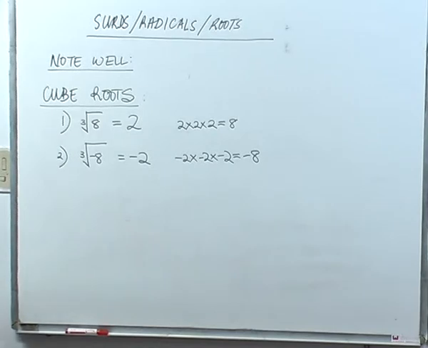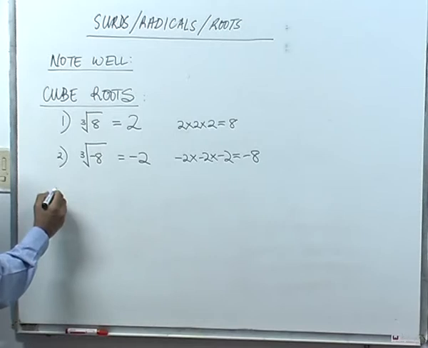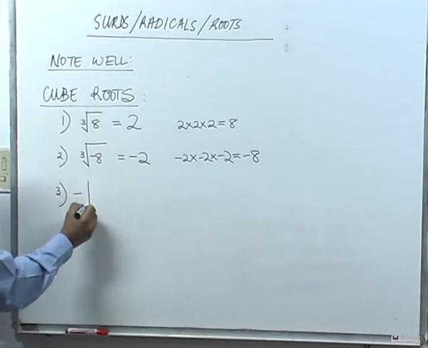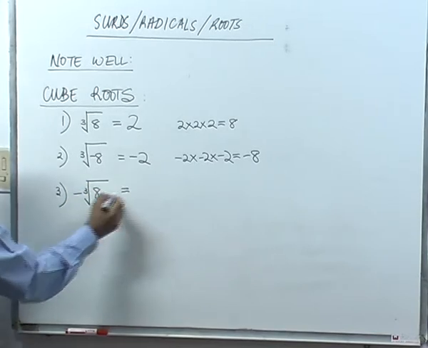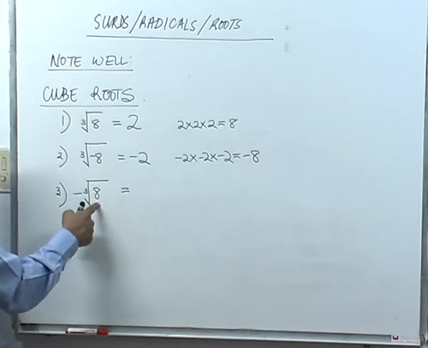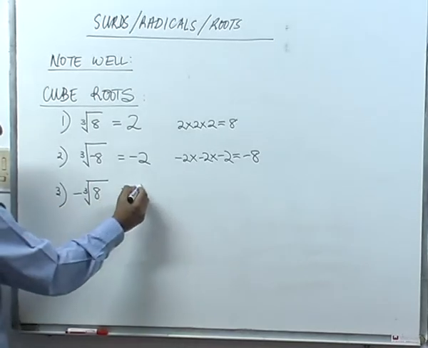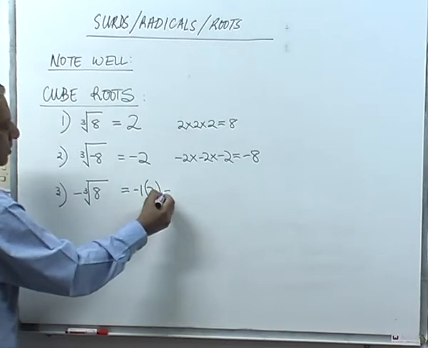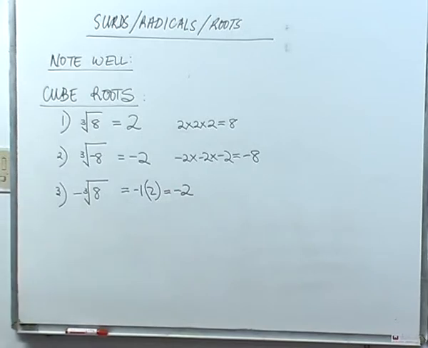And then number 3, if we had minus the cube root of 8, it means find the cube root of 8 and multiply by minus 1, which will be minus 1 times 2, which finally becomes minus 2. Just to show you the differences between square roots and cube roots.